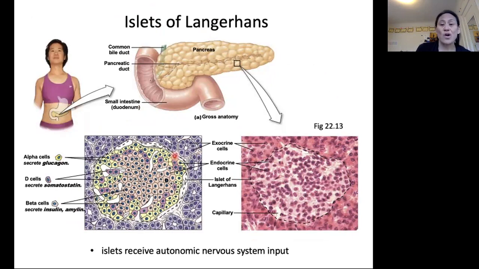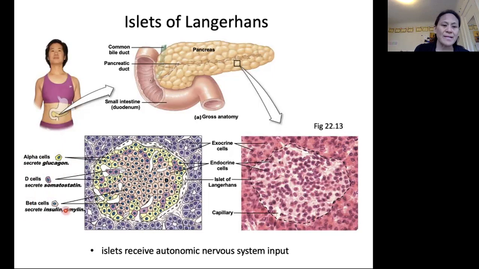Here is a cartoon version of that same thing, okay? What I want to point out to you here is that there are two main cell types that we're interested in here. There are also a couple other cell types in the islets, but we're going to be focusing on these two main cell types. We have the alpha cells here shown in yellow that secrete glucagon.